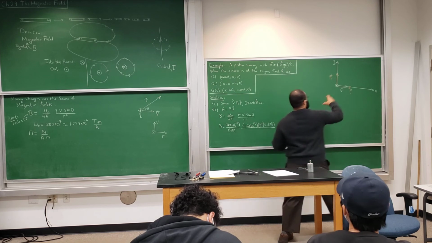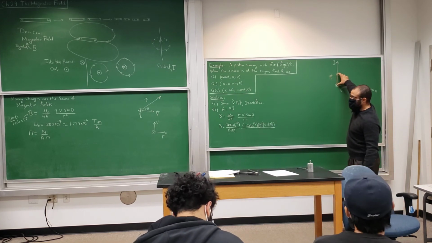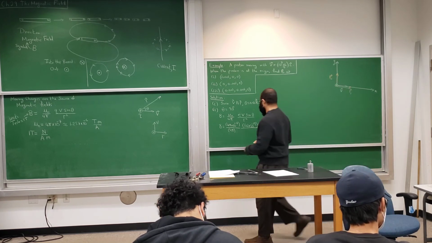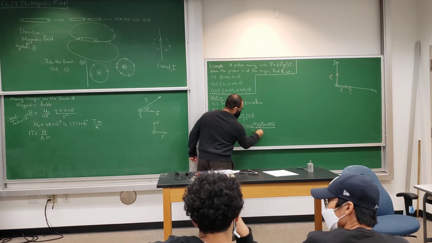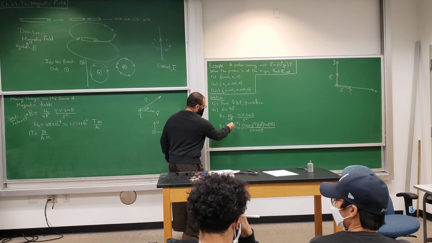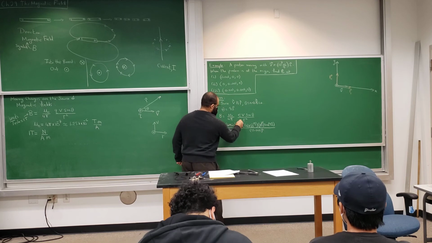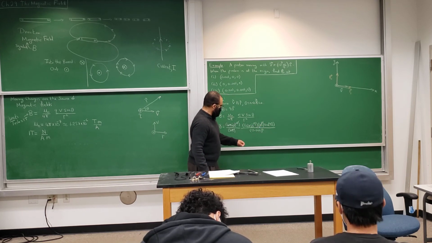Yes, so r squared, the magnitude of this vector is 0.001, but you have to square it, so you have 0.001 to the power 2. Notice 4 pi and 4 pi cancel, and 10 to the 7 cancels 10 to the minus 7, and sine of 90 is 1.